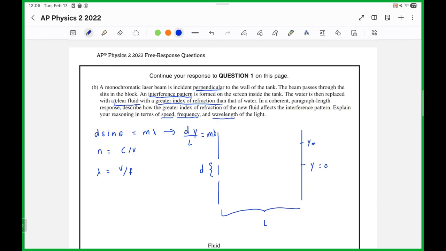And so the only thing which could possibly be changing is our wavelength. And so that is what we're now narrowing down to. The question we're left with is, how does lambda change?